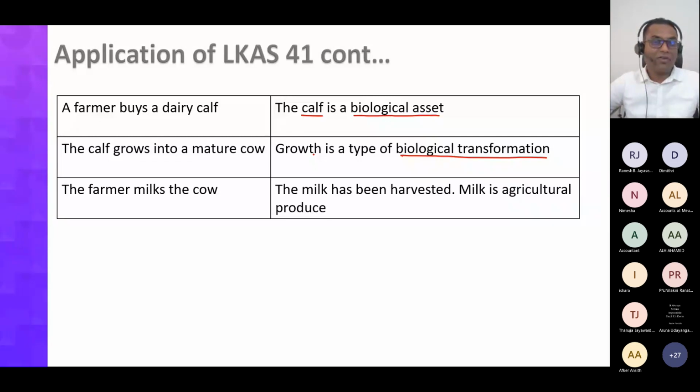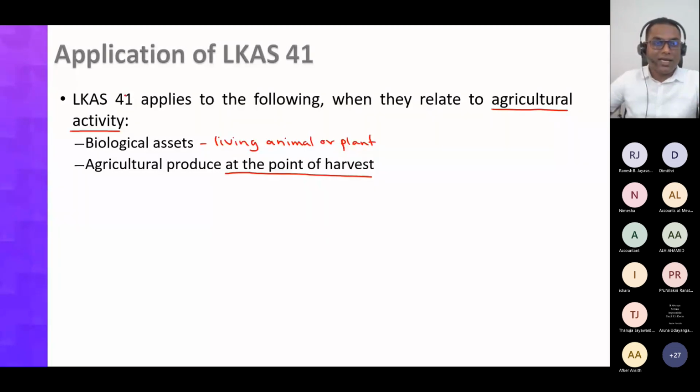Now this calf growing into a cow is a biological transformation, right? Then farmer milks the cow. Now the milk that you take, milk has been harvested, milk is the agricultural produce. Now, in this particular example, LKS 41 is applicable for the biological asset, calf to cow.